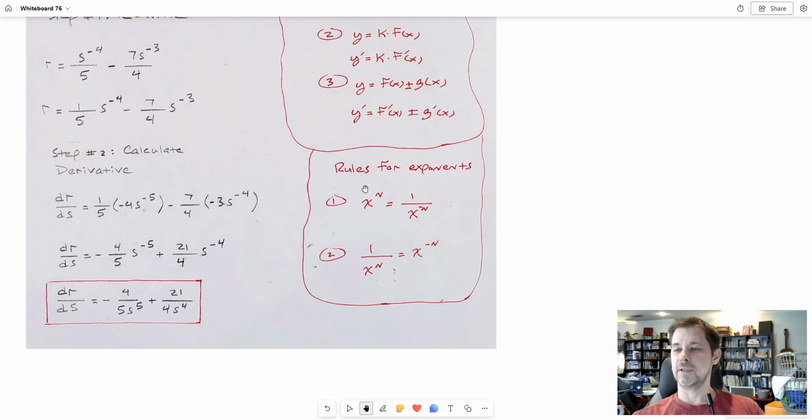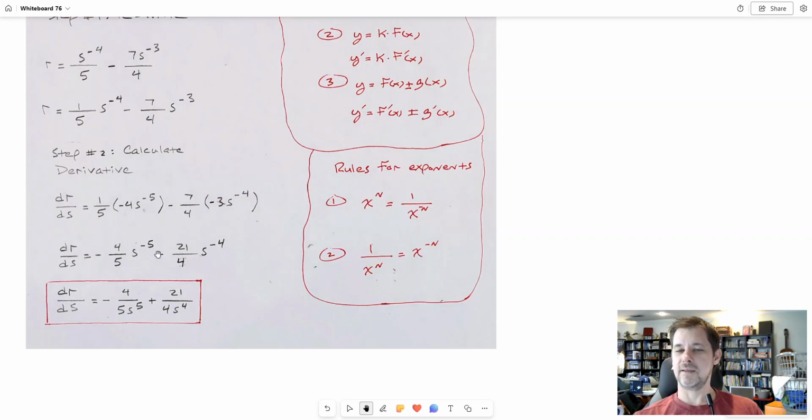Well, remember these rules for exponents I said. I can write them down like this, but the gist of these rules for exponents is if you take something that has an exponent and you move it to the other side of the fraction bar, the exponent changes sign. See how these are opposites of each other? n and negative n, either way.